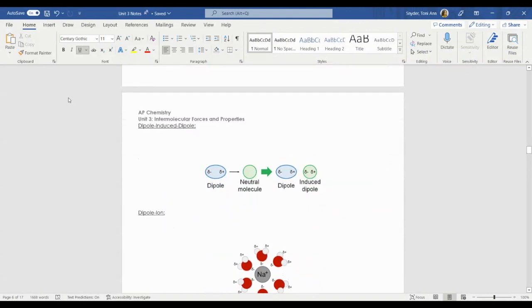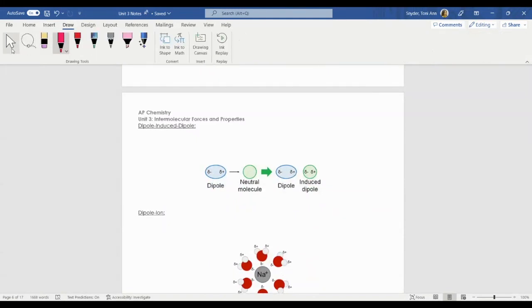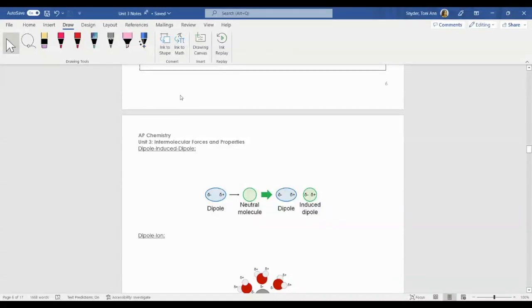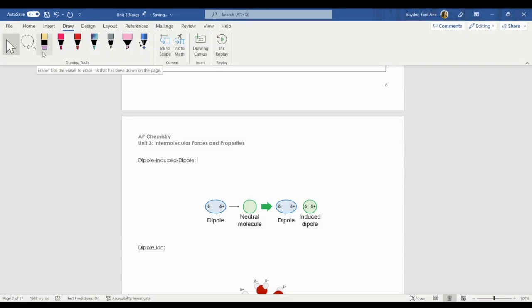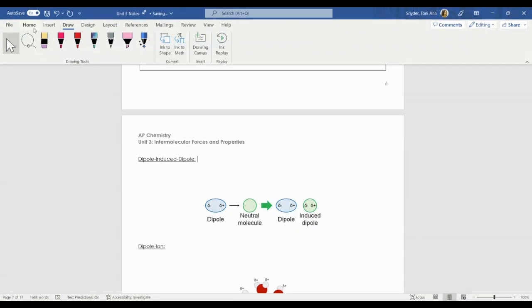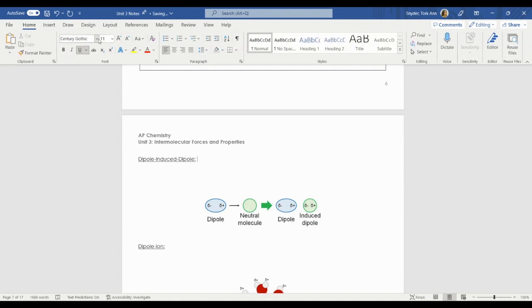Let's talk about another intermolecular force right here. Another one that we didn't really talk about too much in Chem 2 was the dipole-induced dipole. So with a dipole-induced dipole, I have a polar molecule, and it's basically forcing another molecule to become polar.